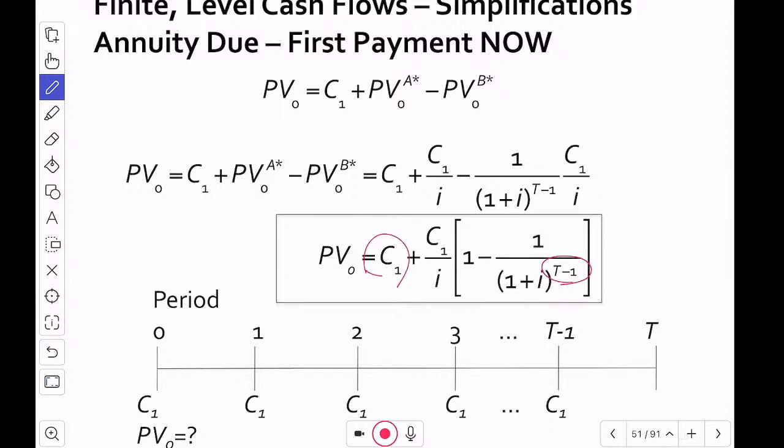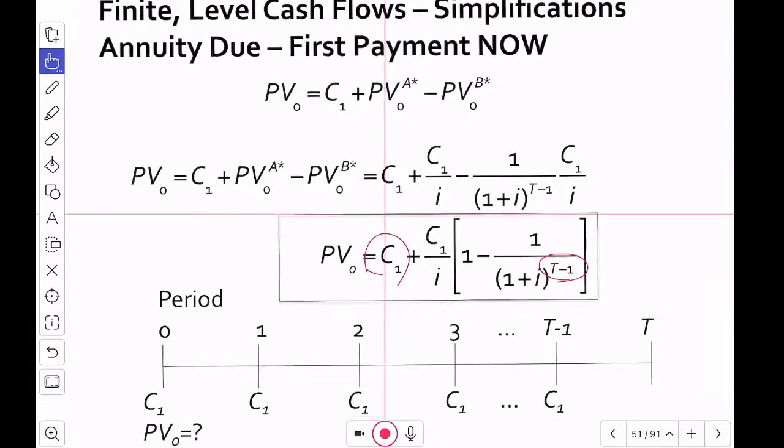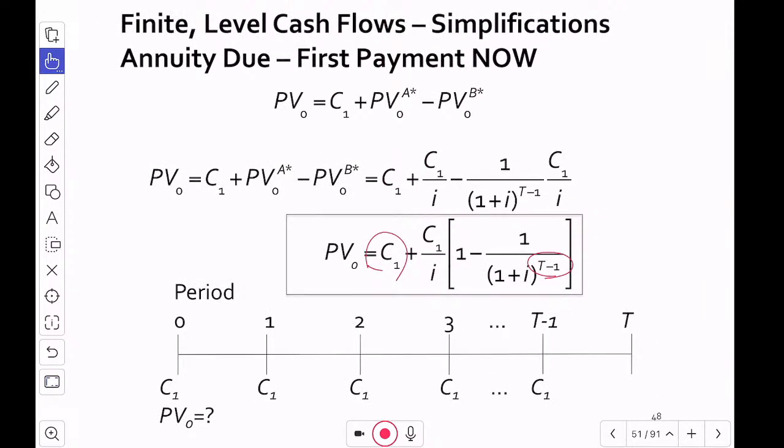So after all said and done, all that notation just falls down to this. Those are the adjustments in the formula. This is known as the annuity due, or annuity upfront, or what else? Annuity in advance.